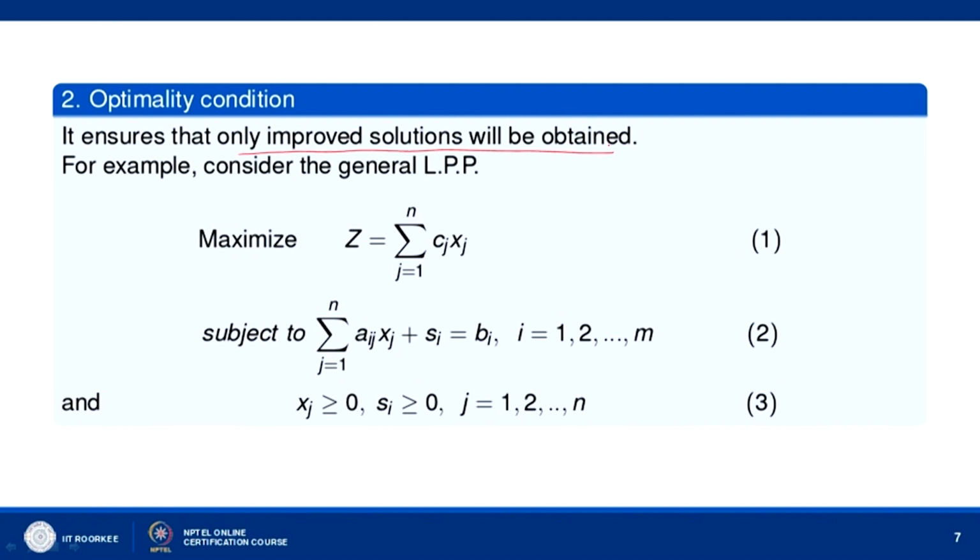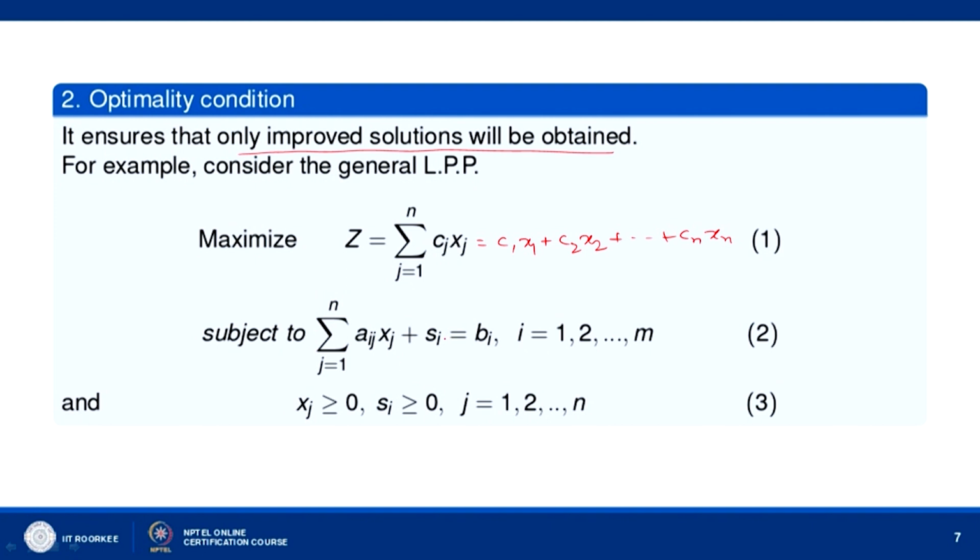Now, for example, let us consider the general linear programming problem: maximize z equal to sigma j equal to 1 to n c_j x_j, that is c_1 x_1 plus c_2 x_2 and so on up to c_n x_n, subject to the constraints, the equations sigma j equal to 1 to n a_ij x_j plus s_i equal to b_i, i equal to 1 to m, and x_j greater than or equal to 0, s_i greater than or equal to 0, where j runs from 1 to n and i goes from 1 to m.